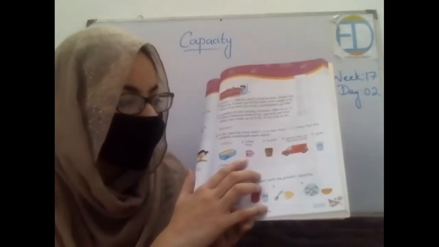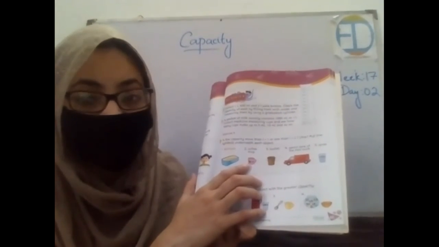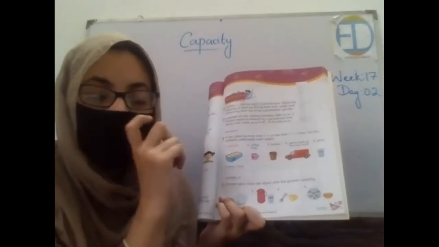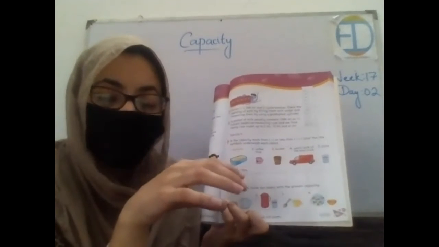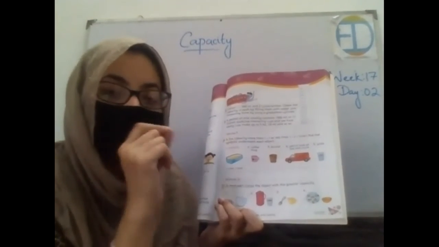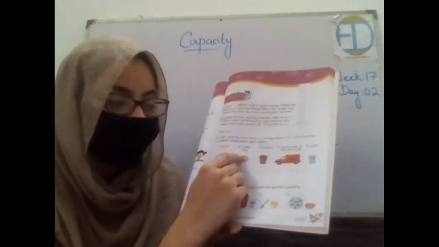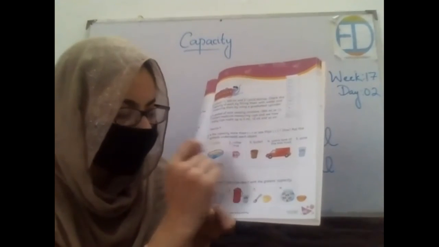What about a coffee mug? Will it contain less than 1 liter or greater than? Less than. Wonderful. So the sign would be, you know that when we use the less than and greater than sign, when we are talking about less than, the closed part would be toward the coffee mug.